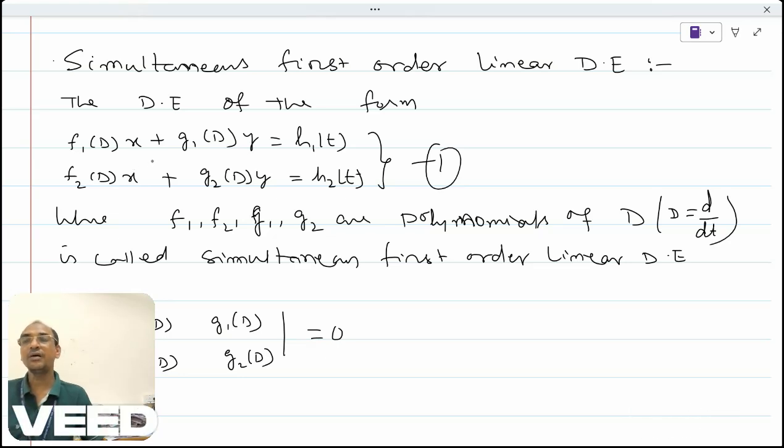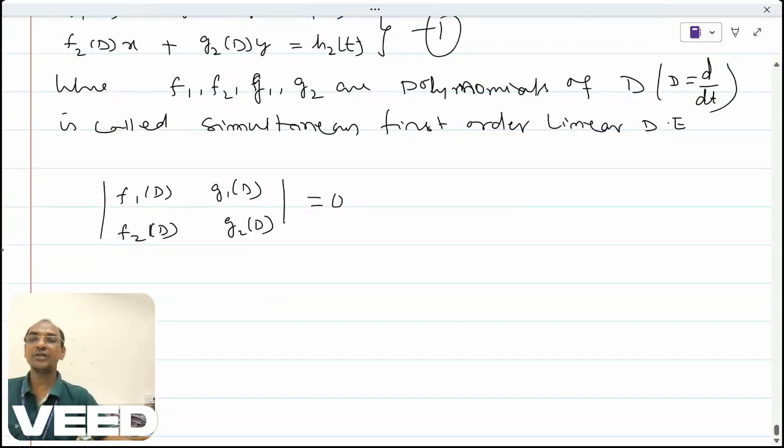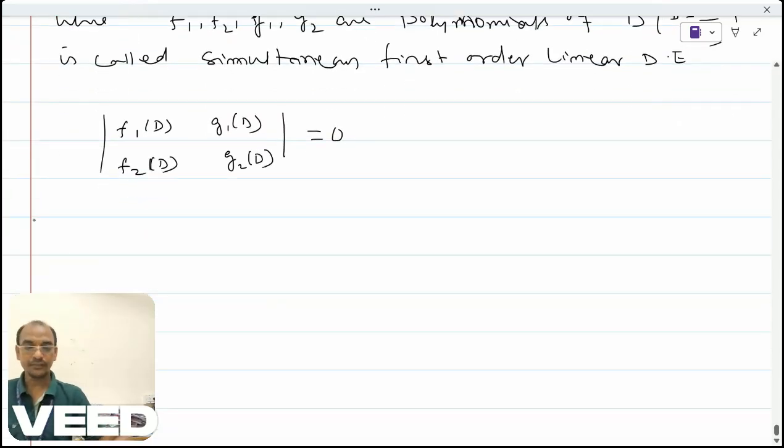After getting that solution, we can substitute back in the given equation and reconstruct the solution of the next variable. This is the process we will follow. But we can take a simple example here.